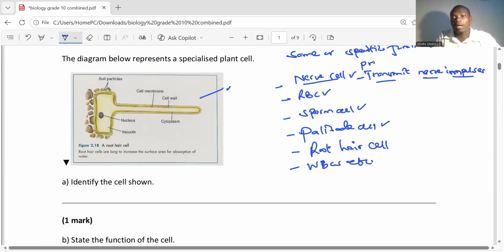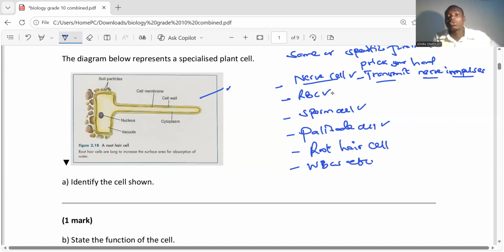When you prick your hand, there's a scenario where your body is able to sense, transform, or transmit information from where you've pricked your hand to the brain and back to where you pricked your hand, and then you can now withdraw your hand. So there is an information being sent, and that cell helping sending information is called a nerve cell.